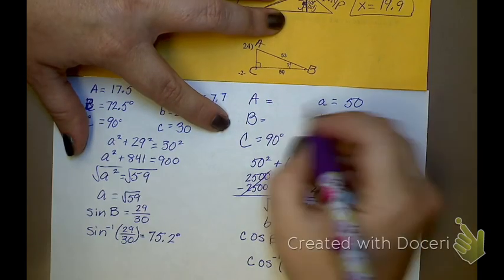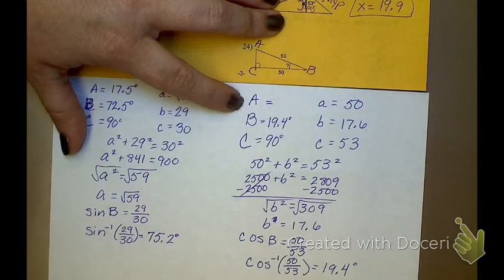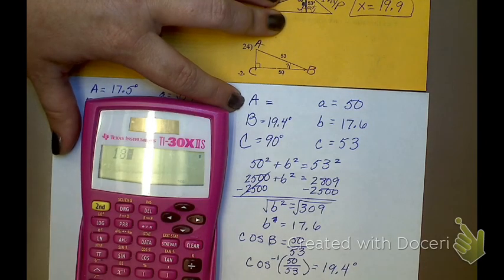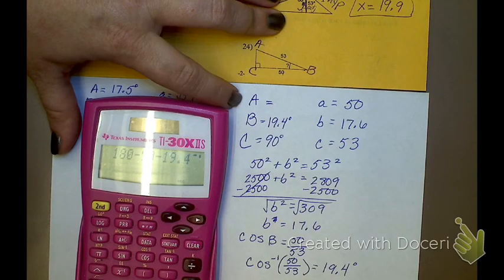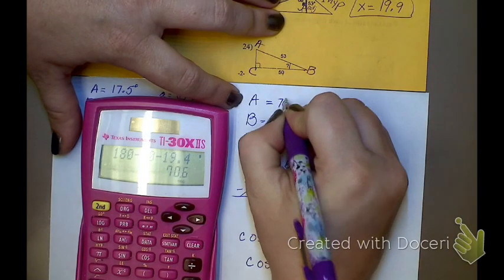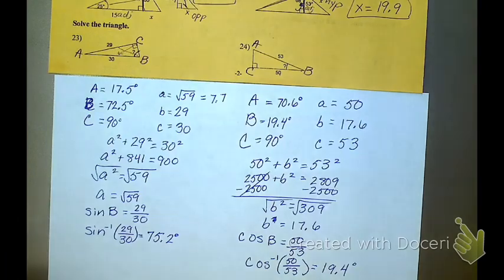So if B is 19.4 degrees, I can find that last one by just doing 180 minus 90 minus 19.4, and that leaves me with 70.6 degrees for angle A.